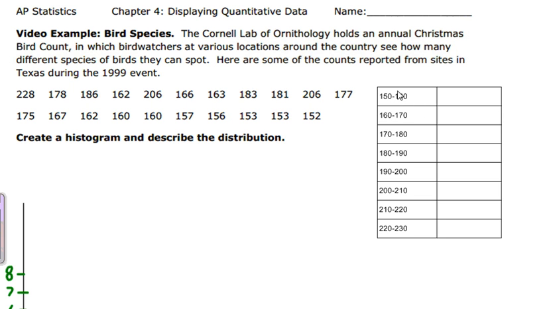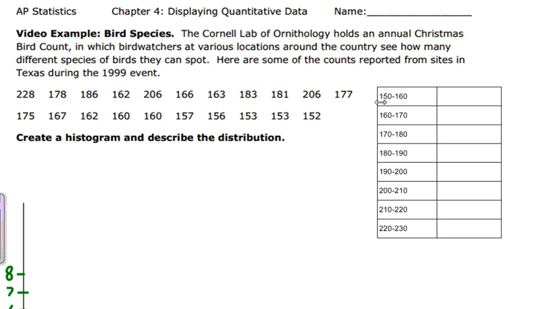So technically what we're really looking at in this first bin is the values 150 to 159. So here would be 160 to 169. Here would be 170 to 179. So that upper edge goes into the bin above it, or the next highest bin.